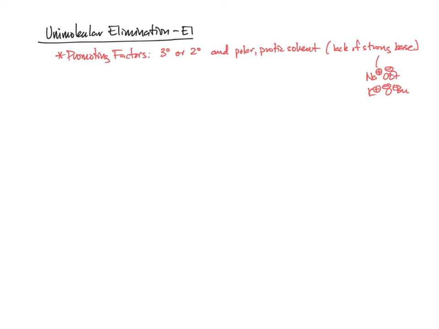So let's look at some examples of this. Example 1, let's consider the following substrate. So we have this starting material. We're going to treat that with sulfuric acid in the presence of water.